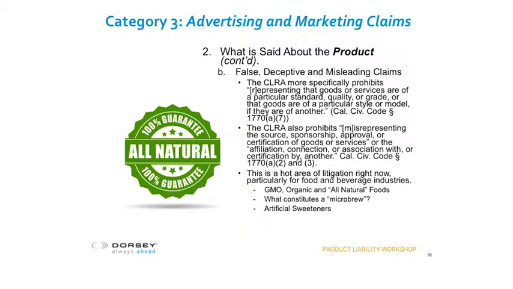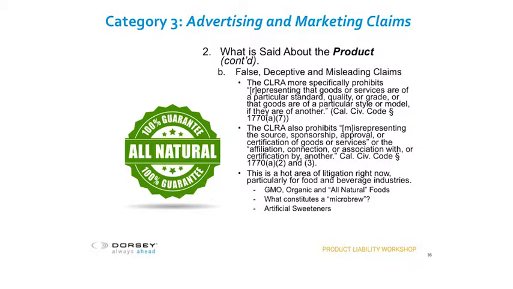All of those things can be subjected to a claim that you're advertising something as being not what it really is. There's some litigation relating to microbrews and what constitutes a beer that is a microbrew versus brewed like all the other mass-produced beers.